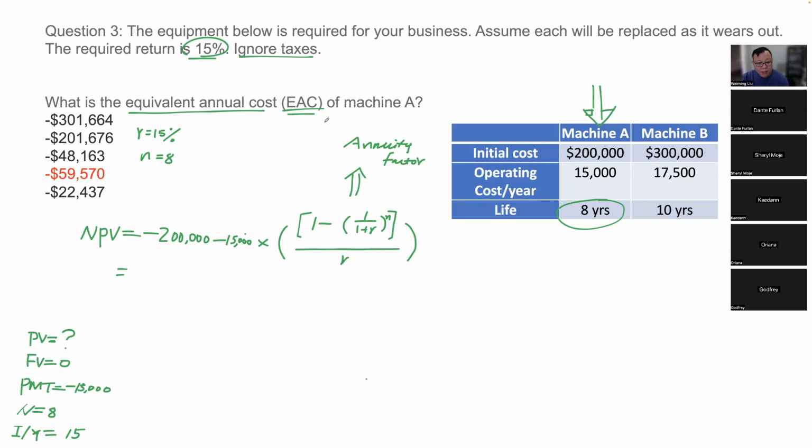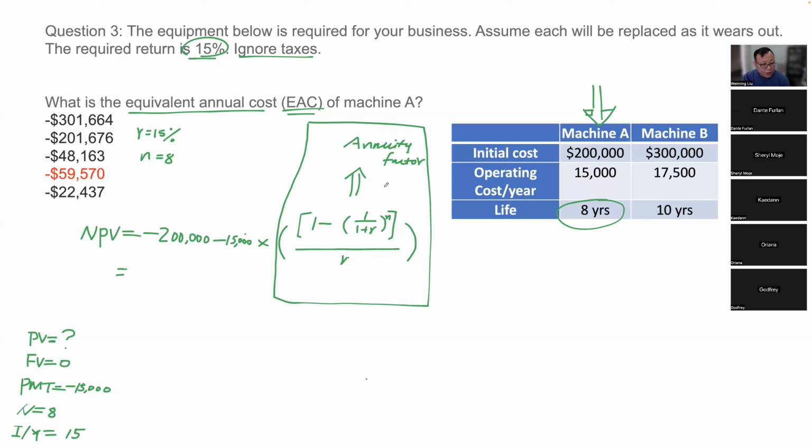Can anyone calculate this annuity factor? Okay, Oriana, you got the same result. So help me calculate the annuity factor. Oh, good.